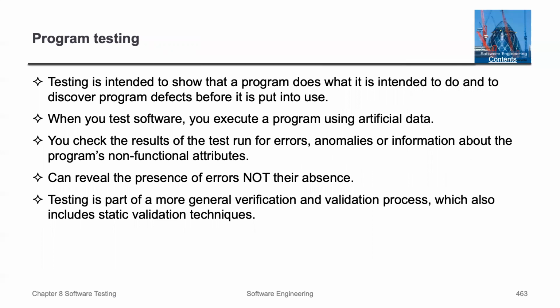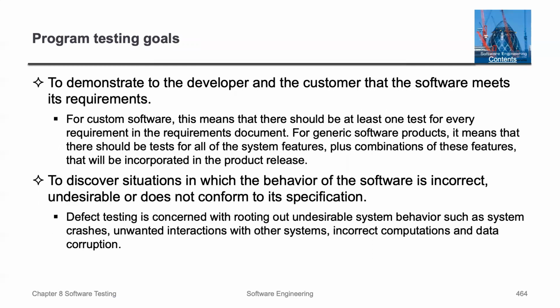You can reveal the presence of errors, but not their absence. So you find errors, and let's just focus on that part. Testing is a part of a more general verification and validation (V&V) process, which also includes static validation techniques.